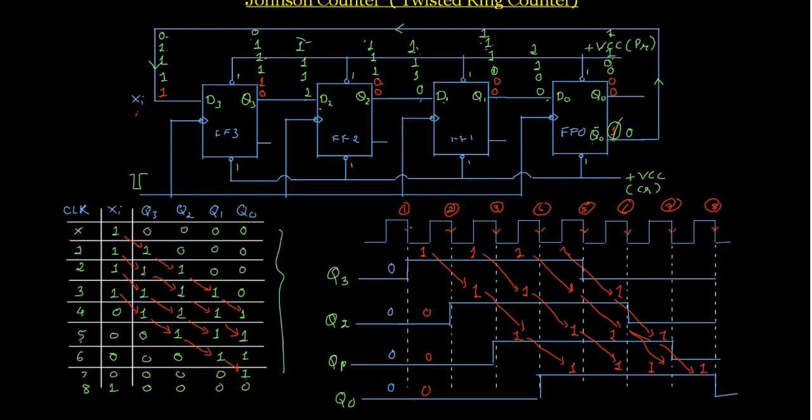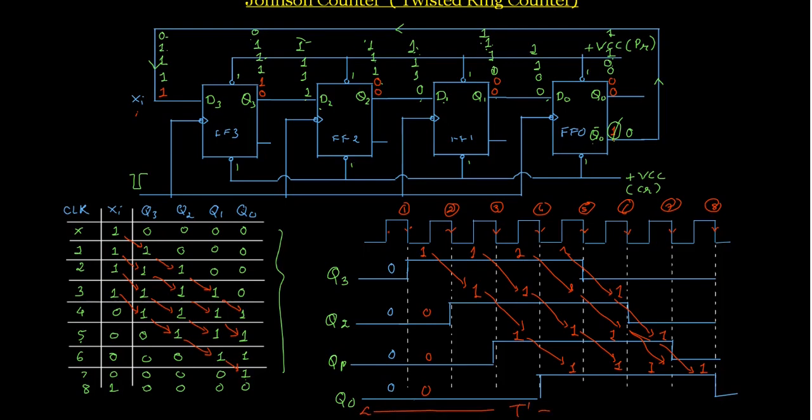Now let us see what is the frequency at the output of the final flip-flop, that is Q0. If we measure the periodic time, let us say the periodic time of the clock pulse is T, and the periodic time of this final flip-flop is T dash.